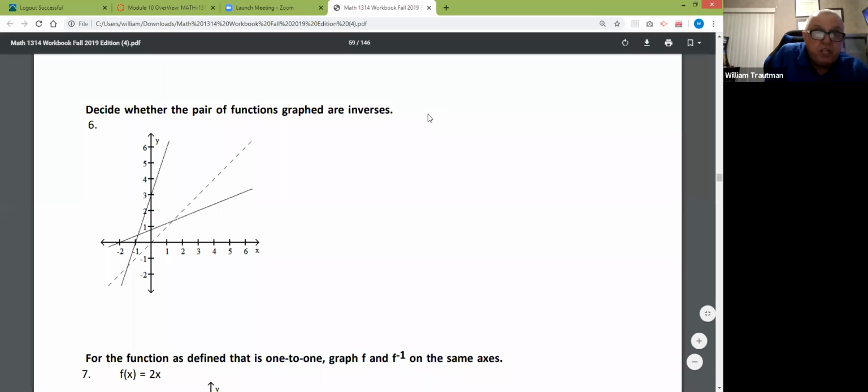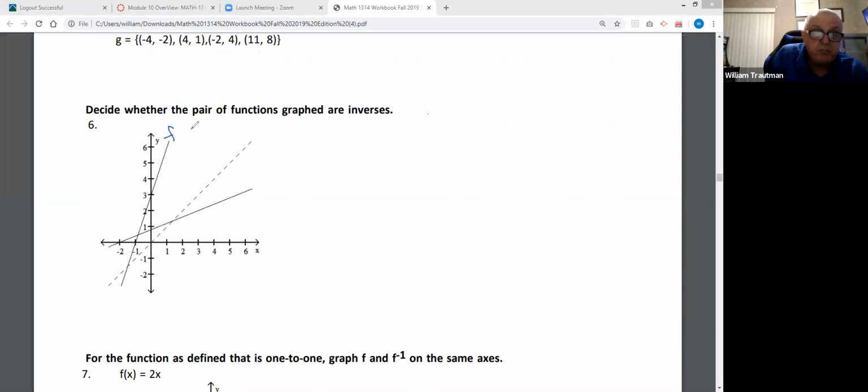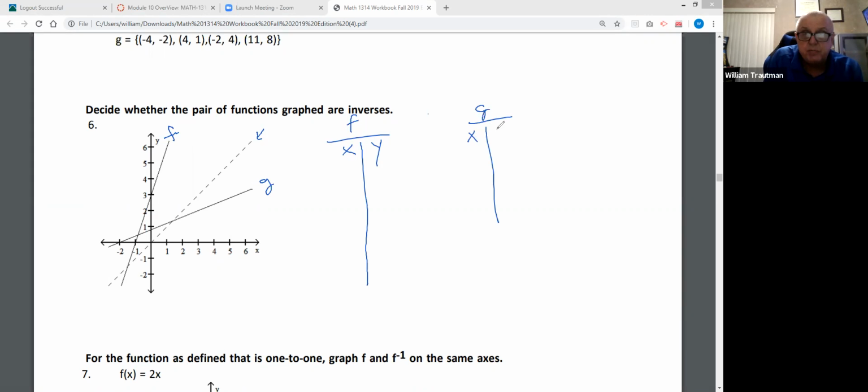I'm going to call this graph F, and they have this line here, and I'm going to talk about this line in a second. And here's graph G. So I want to write some coordinates for F and G.